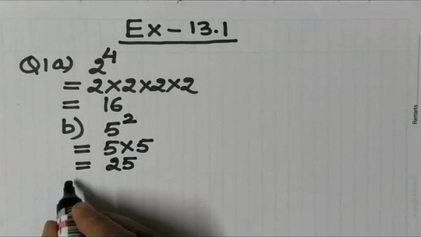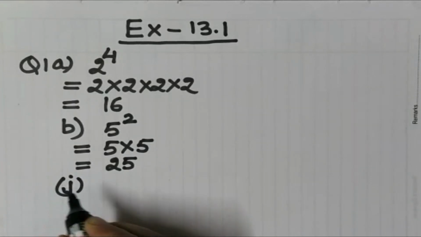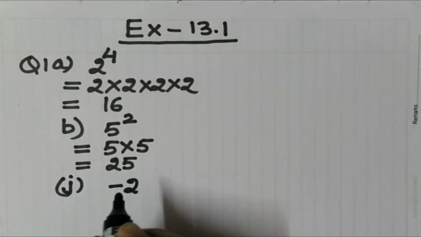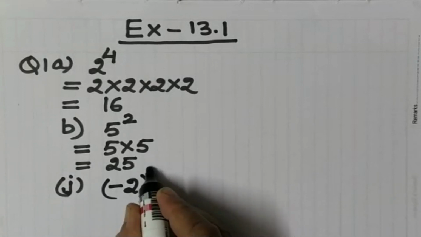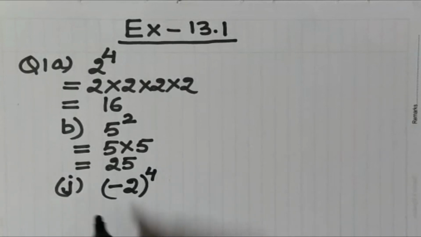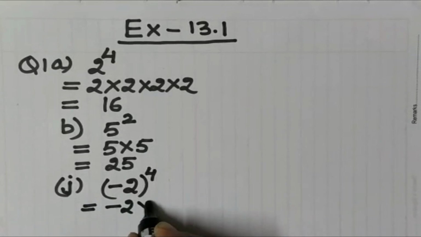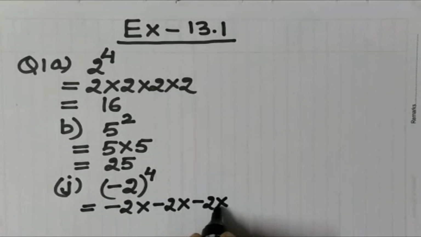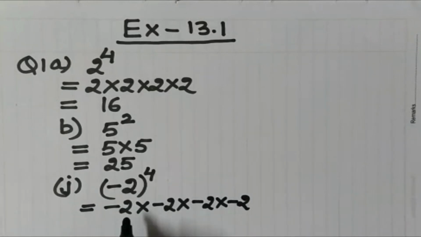We will take one negative part, where base is negative, here power is 4. So here we multiply the negative number 4 times. Here base is negative, so the product will depend on the power.